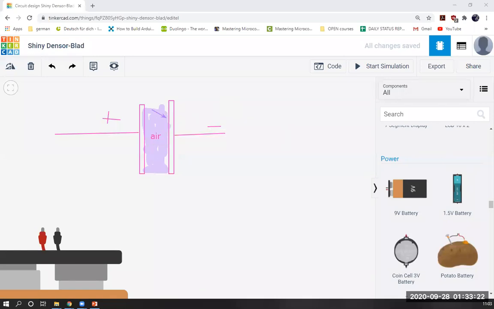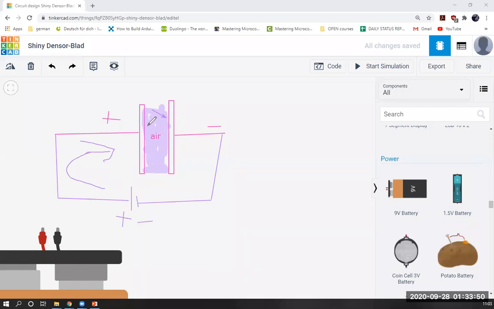When you give it a power supply, say I complete the circuit here. So this is plus and this is minus, right? How will current flow? Current will flow like this, negative to positive. But because of this air gap, current cannot flow through it.